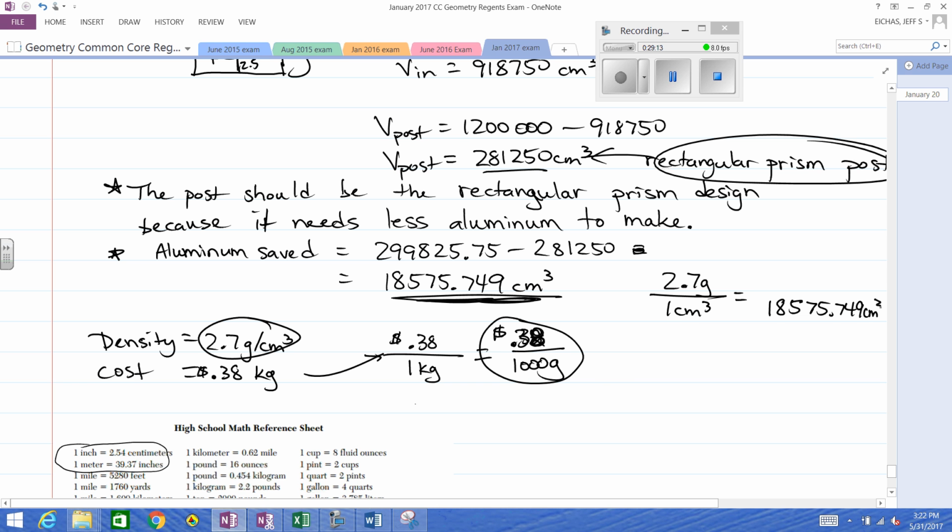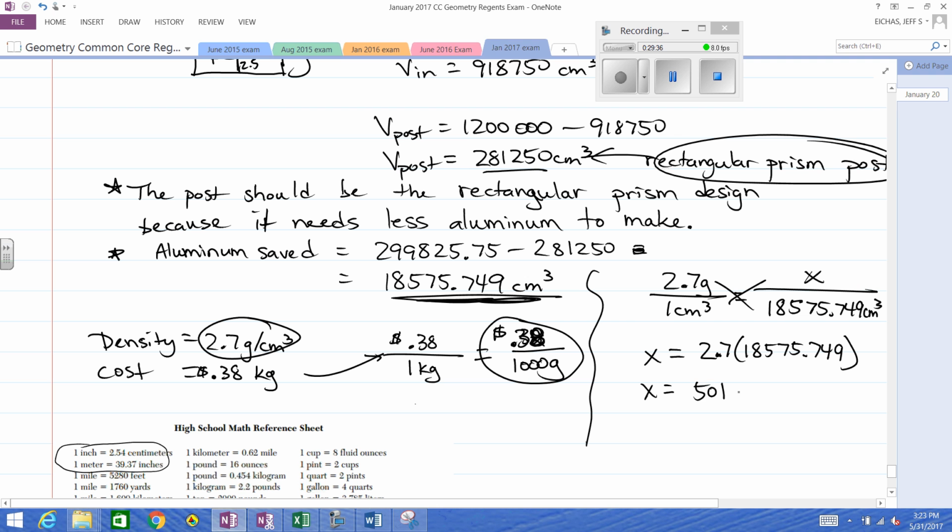So how many grams is that? We'll set that up and we'll cross multiply. The number of grams is going to be right here, and what I end up getting is 50154.5 grams. So that's how many grams I need.